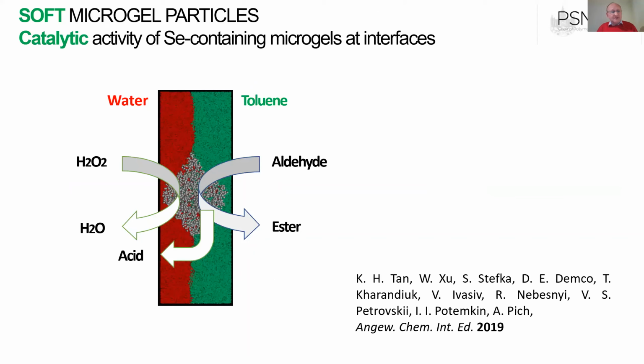One of the possibilities is to use the microgel as a catalyst in chemical reactions where two different reagents are immiscible. One of them is soluble in water, another in oil. And if we supply the microgel with some catalytic groups, the two reagents can be mixed within the microgel in the presence of the catalyst and trigger the reaction.